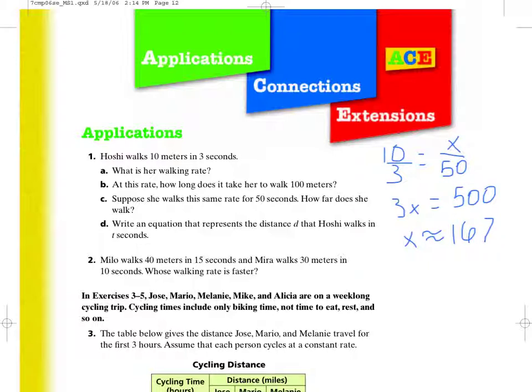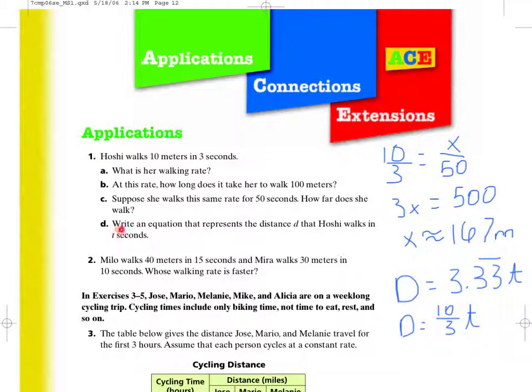So once again, we can cross multiply. So 3x equals 500. Then when we divide by 3, we get x is about 167. And let's make sure we put our units on there. Meters. So 500 divided by 3 is about 167 meters.